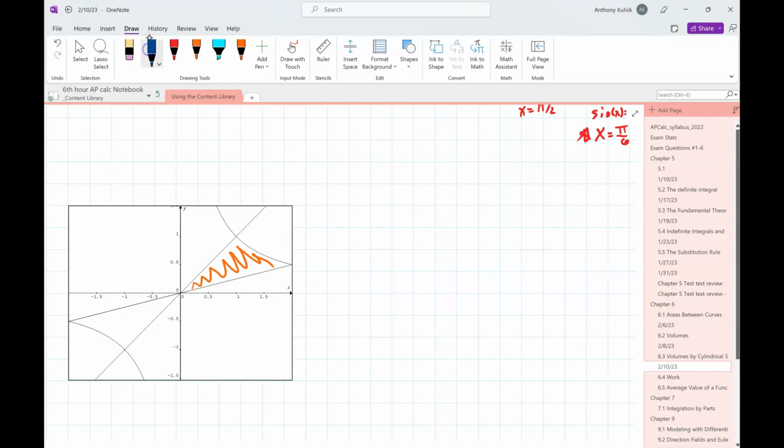So I'm going to need to know those spots, right? Okay. So I'm going to start by setting 1 over x equal to x.